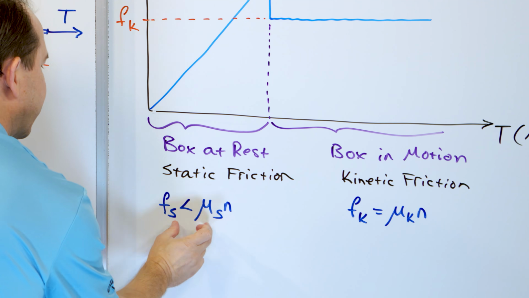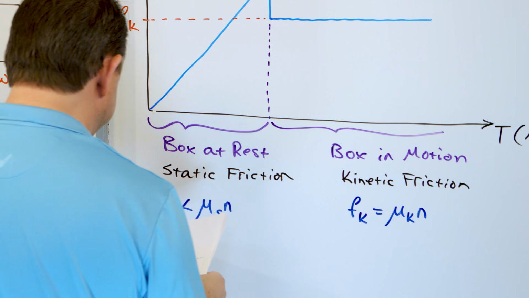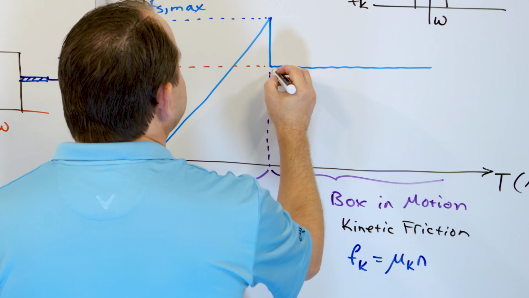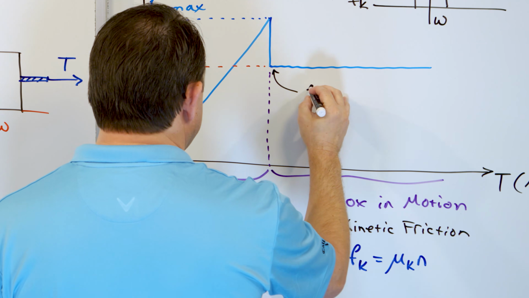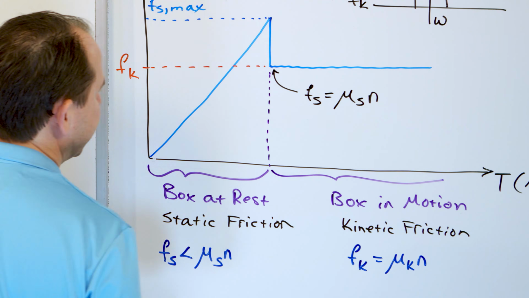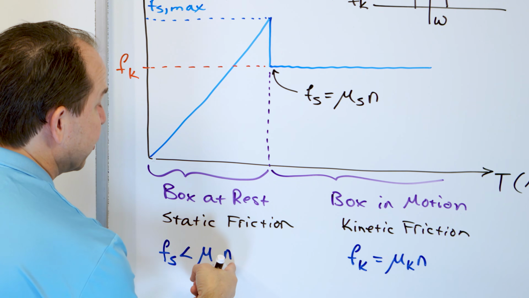So the frictional force is less than this value here, and right at this interface, the frictional force is equal to this value right here. So it's the coefficient of static friction times the weight of the object, or the normal force.